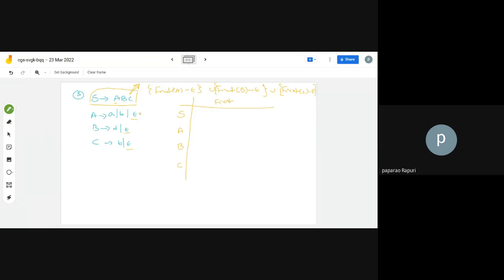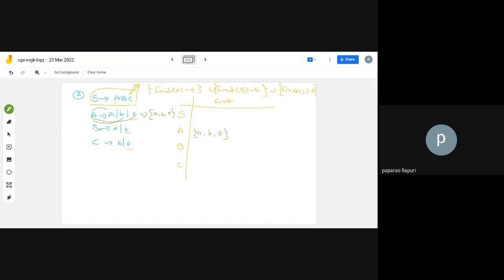Coming to here, first set of A is equal to, here A is producing small a, small b, and A is producing epsilon. All are terminals. So first of A is equal to a comma b comma epsilon. Good.